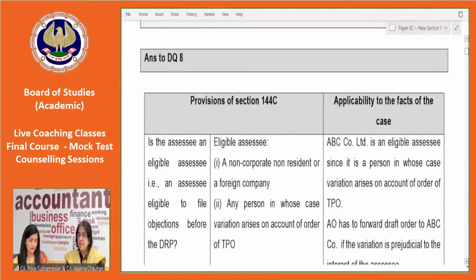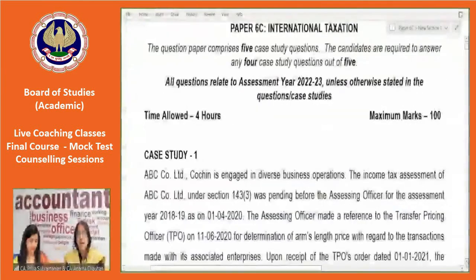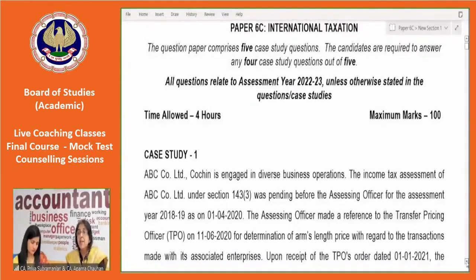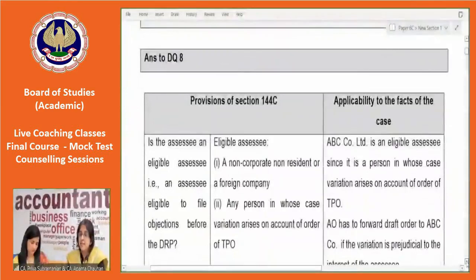In this case, ABC Company Limited, Cochin, is not a foreign company, but it's a case in which the variation arises as a result of the order of the TPO, because the AO made a reference to TPO for determination, and upon receipt of TPO's order, he passed the draft order. So the variation is arising as a result of the order of the TPO. So ABC Company Limited becomes an eligible assessee.